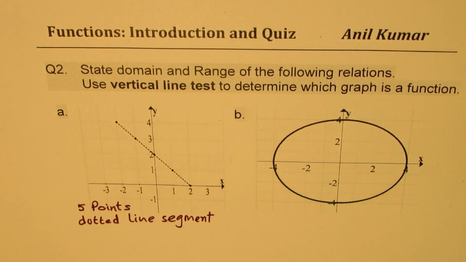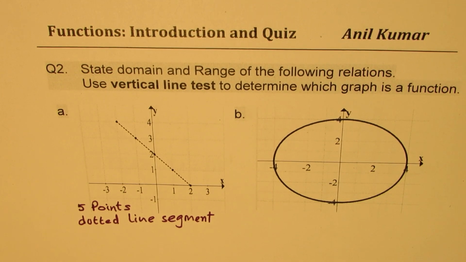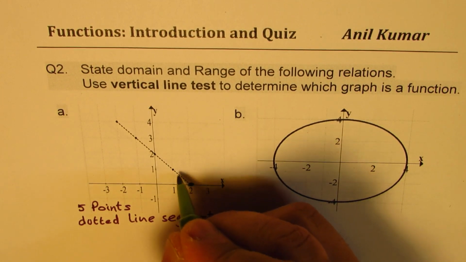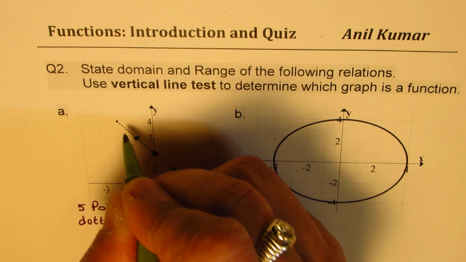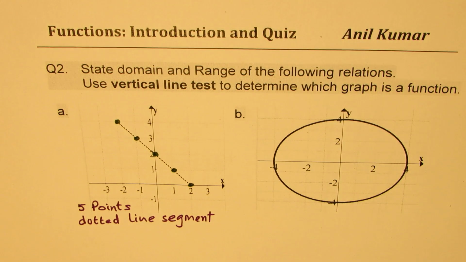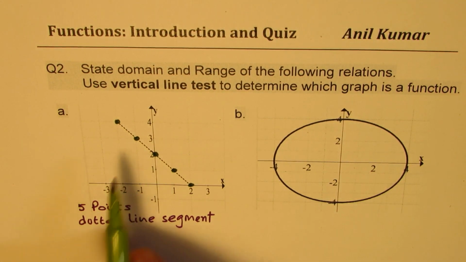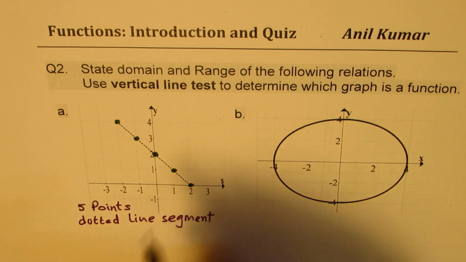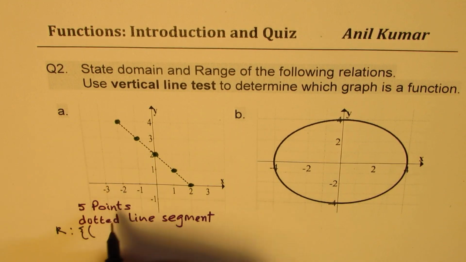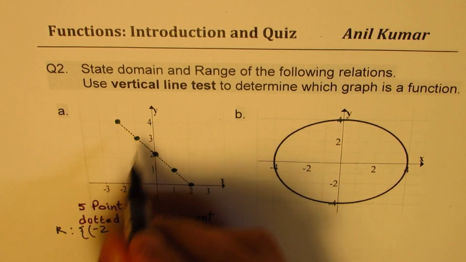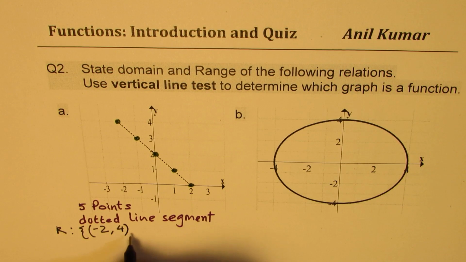Now, what does that dotted line segment mean? It really means that we are only talking about these points in our relation, correct? So I could write this relation in the set builder form, starting from here: -2, and the value corresponding is 4.